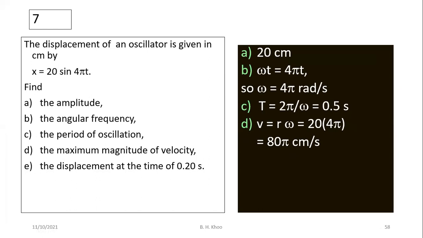Just put in your formula and then calculate out. Why so long to calculate? That's all.